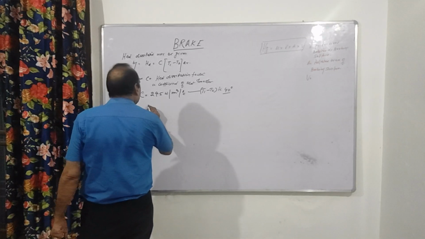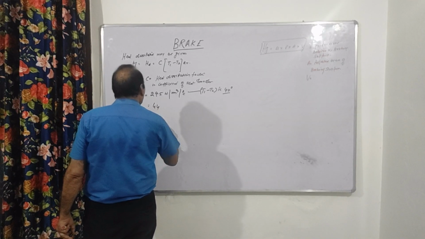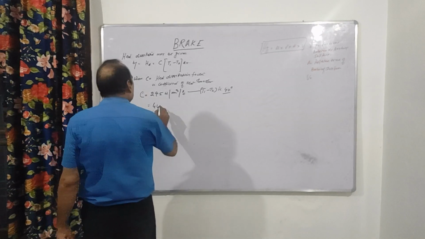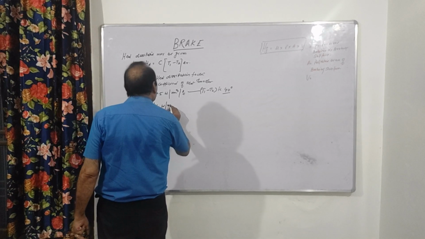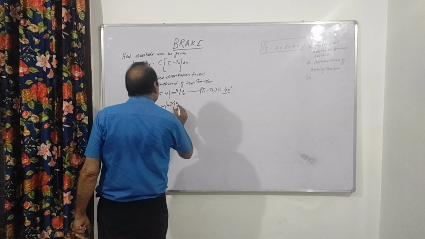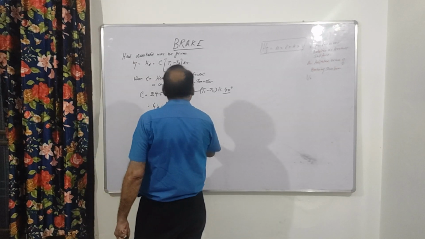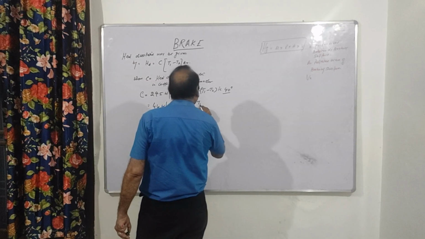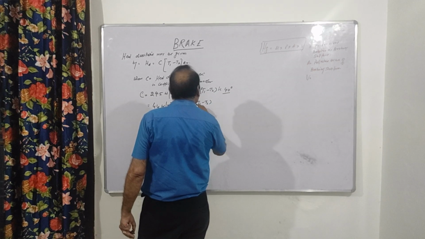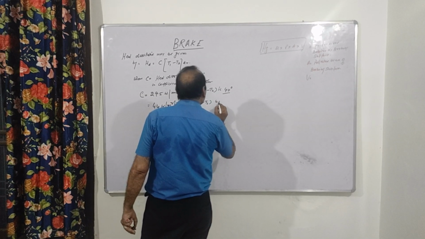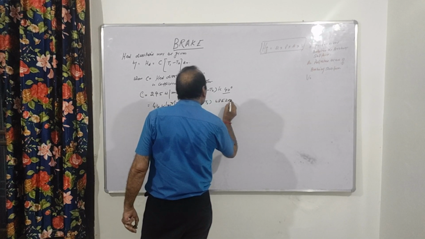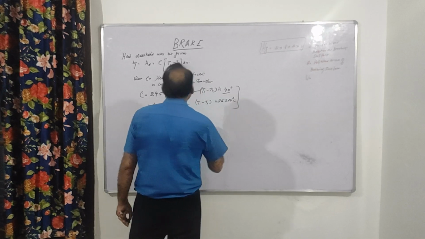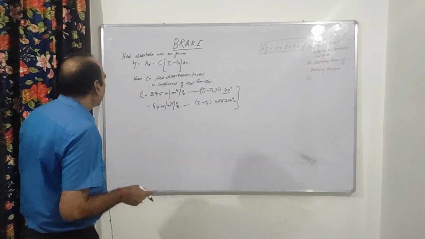And the value of C is 44 W per meter cube per degree centigrade, when T1 minus T2 is up to 200 degree centigrade. So this is the value of the heat dissipation factor.